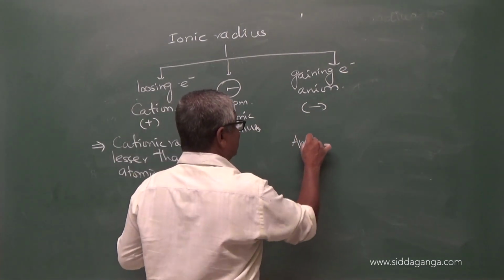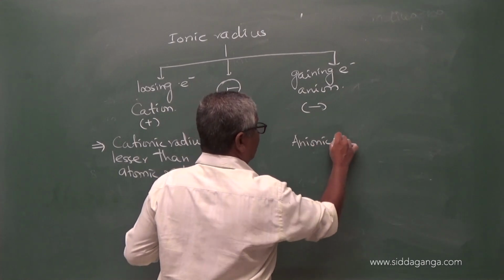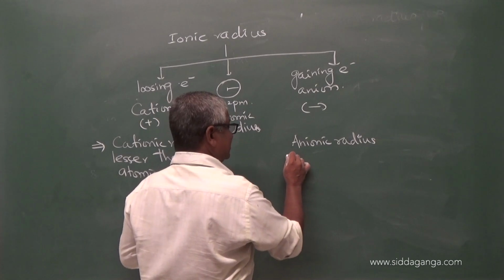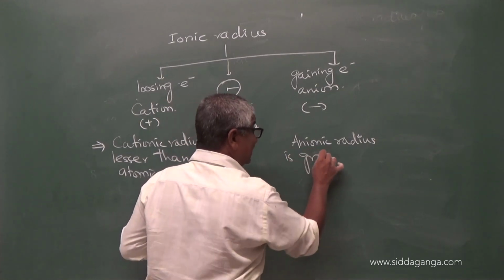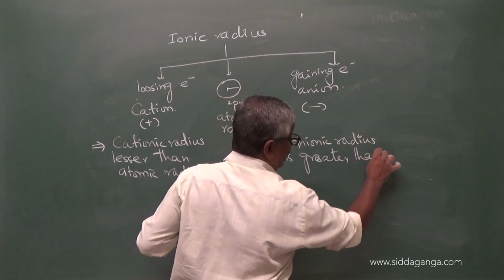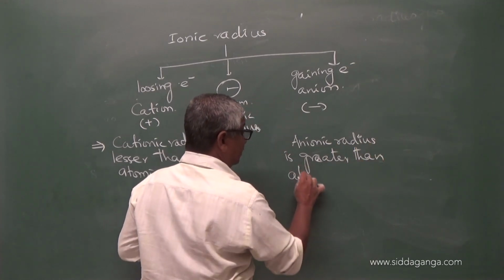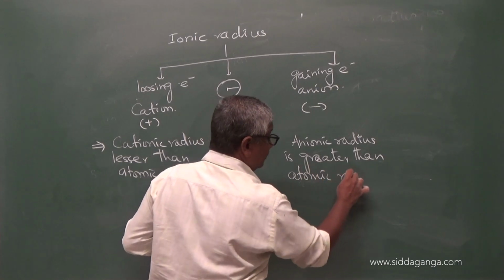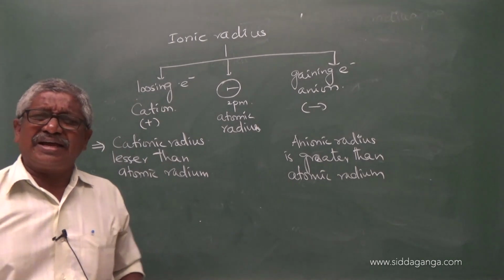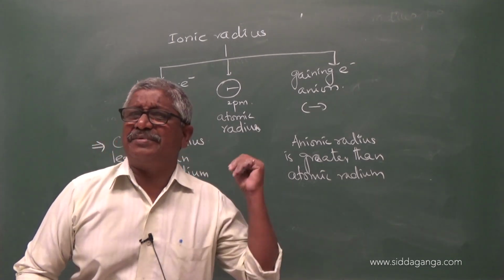Anionic radius is greater than the atomic radius. Why is the cationic radius lesser than the atomic radius?